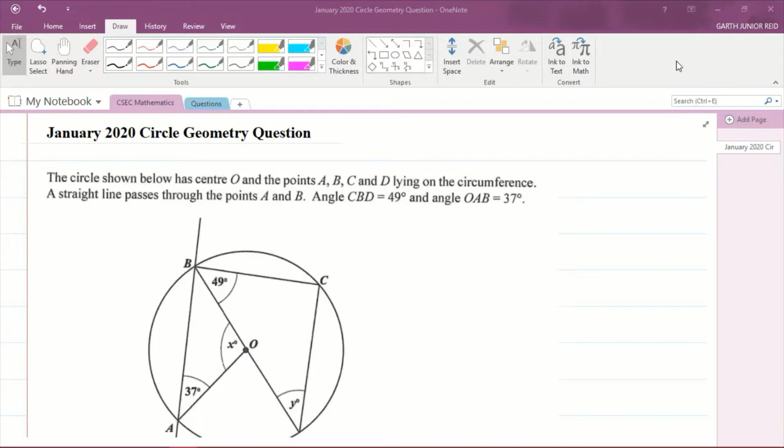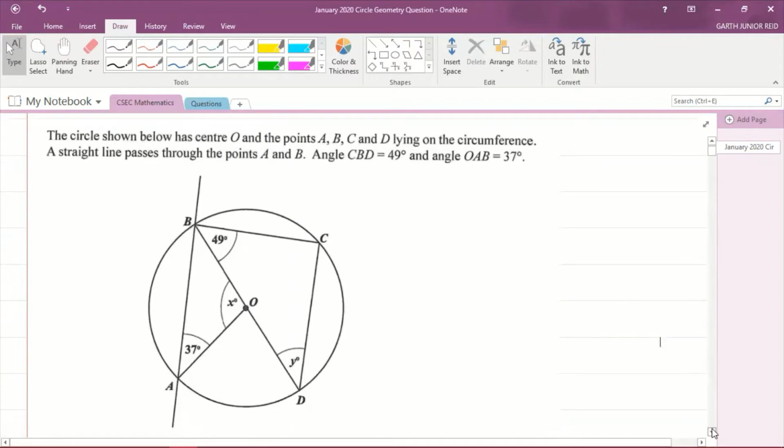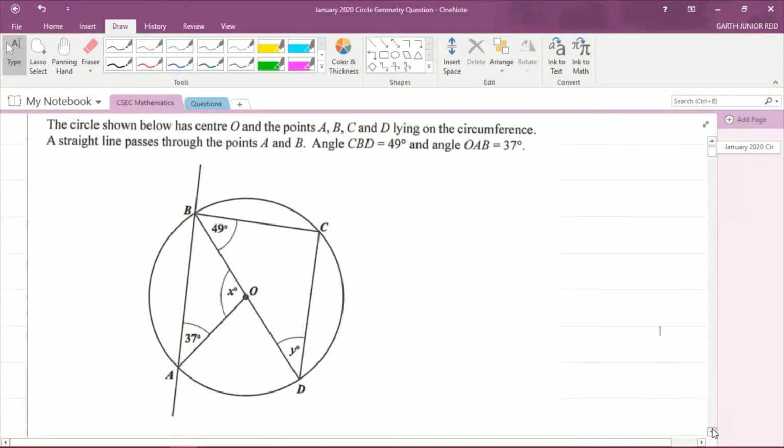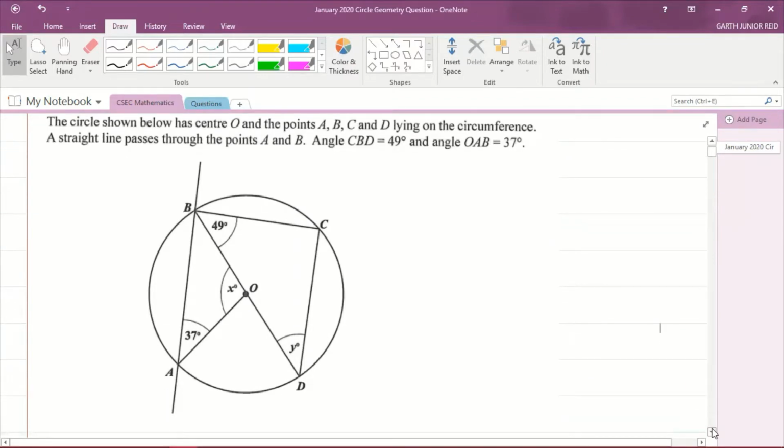So here I have a question from the January 2020 past paper, right? It says that the circle shown below has center O, and the points A, B, C, and D lie on the circumference.